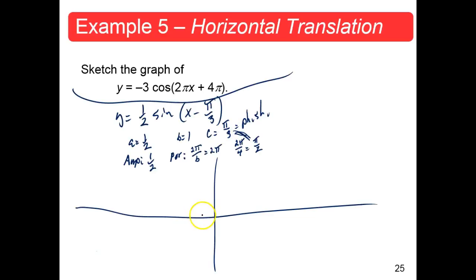So that's going to be 1/6 pi, 2/6 pi, 3/6 pi, 4/6 pi, 5/6 pi, 6/6 pi, 7, 8, 9, 10, 11, 12, 13, 14, 15, 16. How about vertical? What do I have to run between?